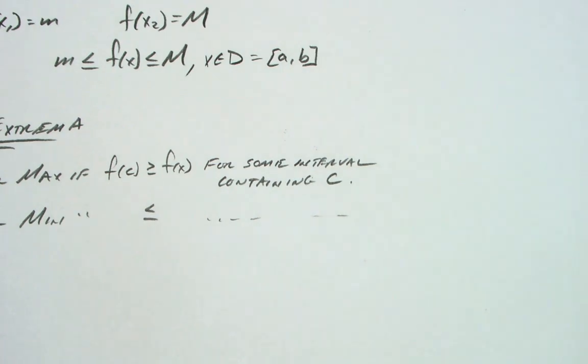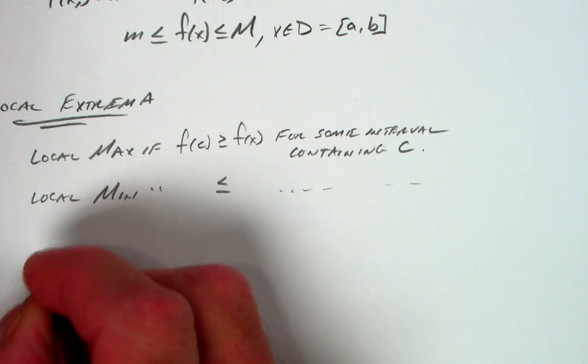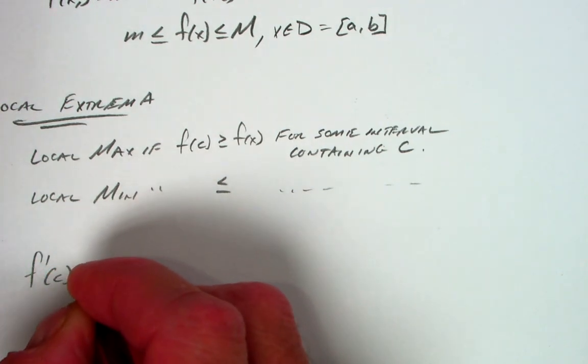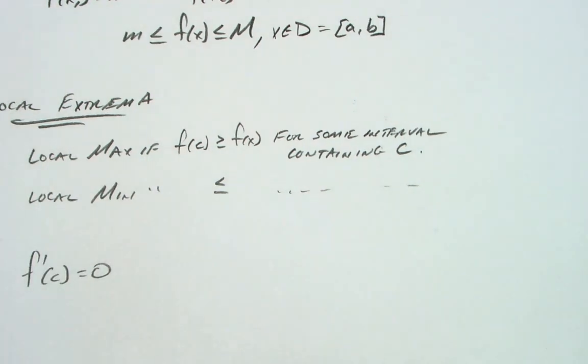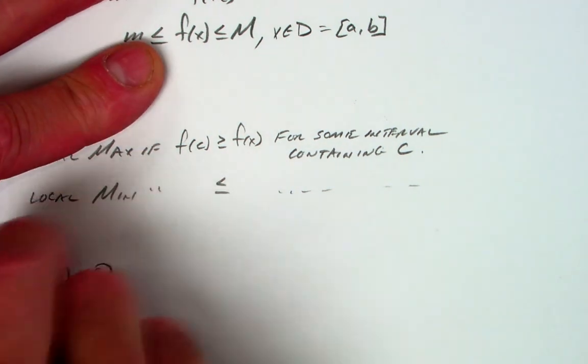Basically says f prime of c equals 0. Well, I should probably state it the other way. Okay, hold on. I'm going to erase this. I'm sorry.